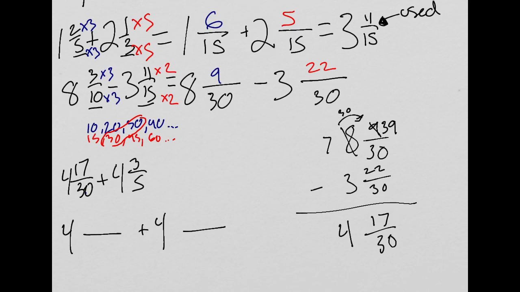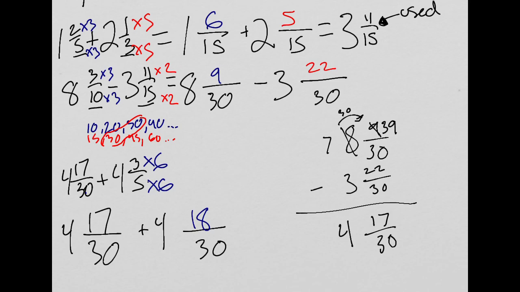And so I think my common denominator can stay 30. So 4 and 17/30 will stay the same. And then 5 times 6 is 30. So 3 times 6 is 18.